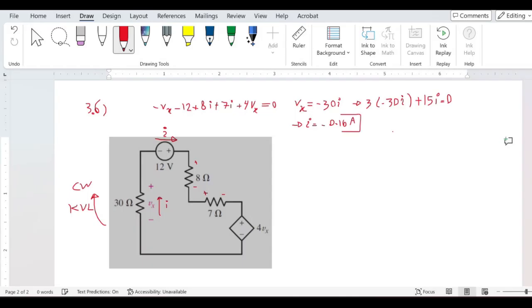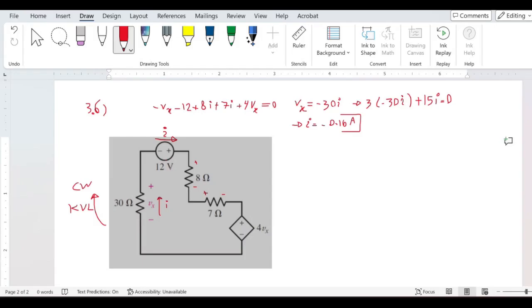Now, the minus value tells us that the assumption for the current direction is actually wrong, and the current actually goes in the opposite direction. What that tells me is that for the 12 volt, if the current is in the opposite direction, the 12-volt battery actually consumes energy.